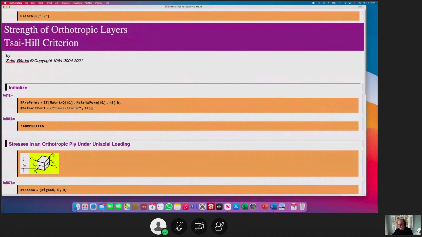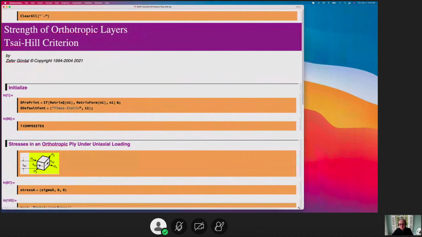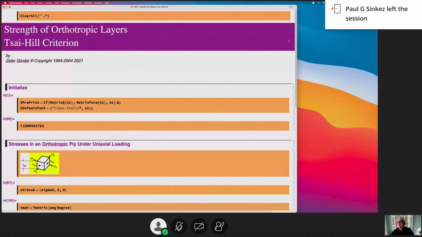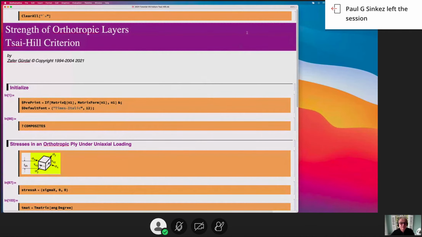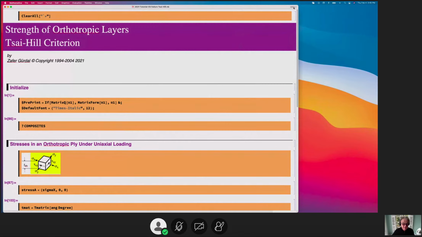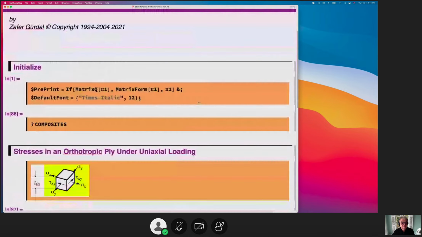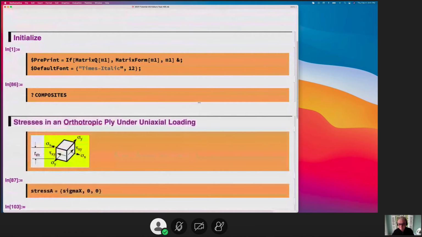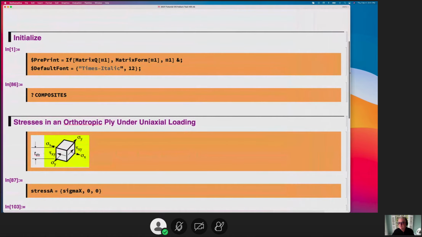Okay. Let's make this bigger. Is 200 a good size, or should I make it a little larger? I can go to 300. All right, that's 300. Let me make this also a little longer.